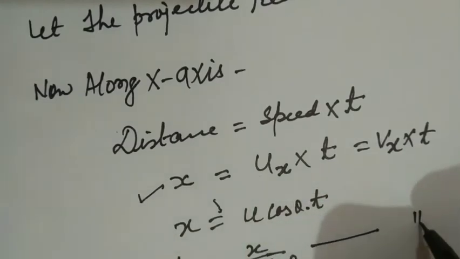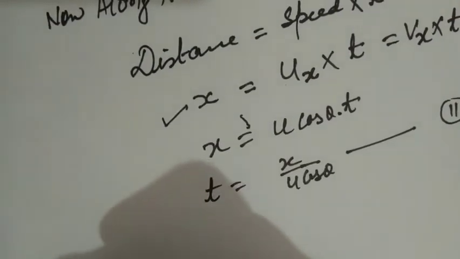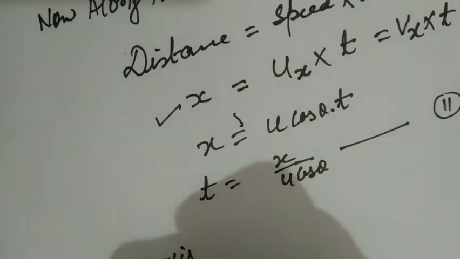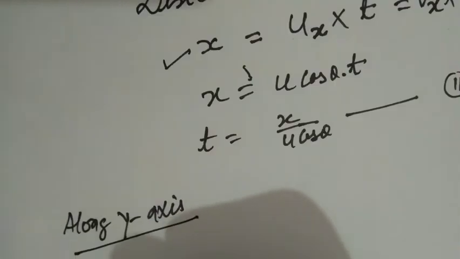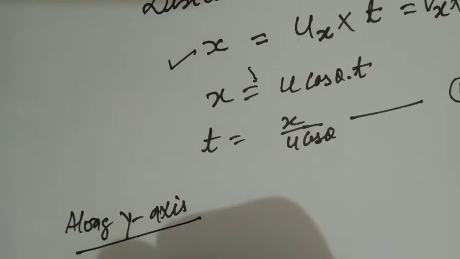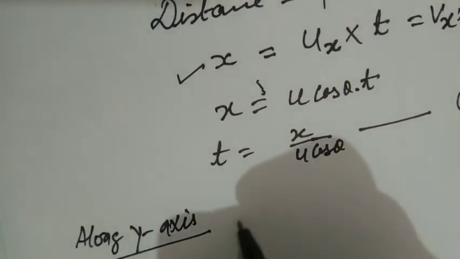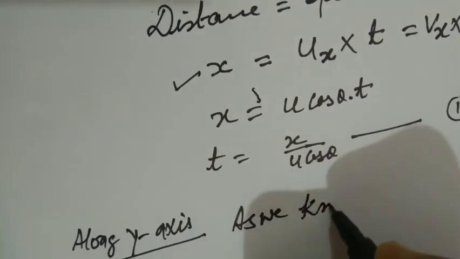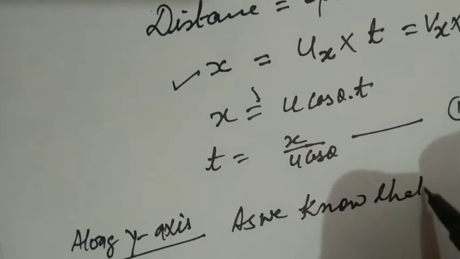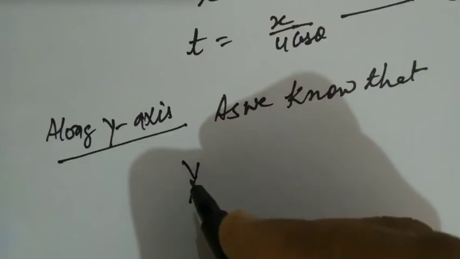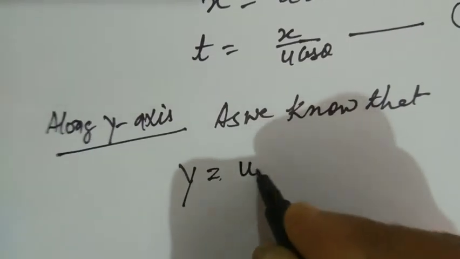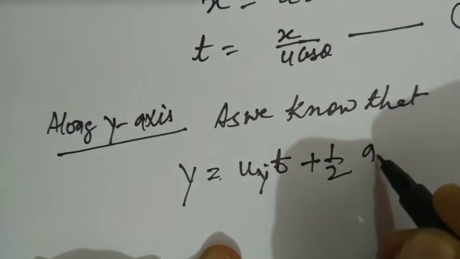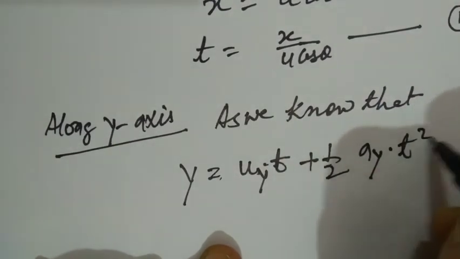Equation number 2. Come to the point along y axis, vertical height. What will be the vertical height y after t time? As we know, the formula of distance, y is equal to uy into t plus half ay into t square.